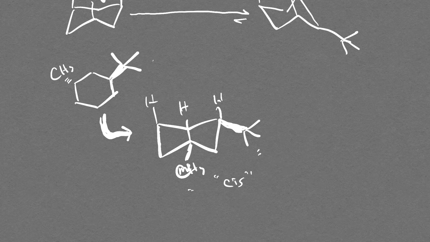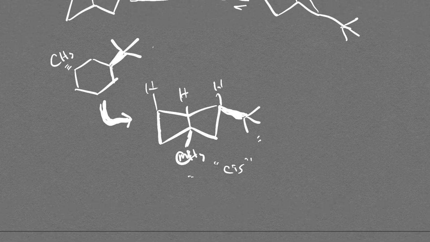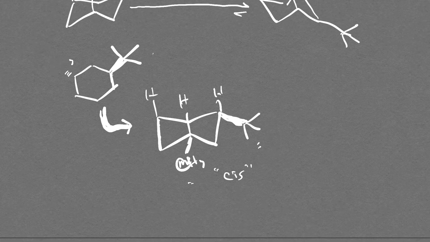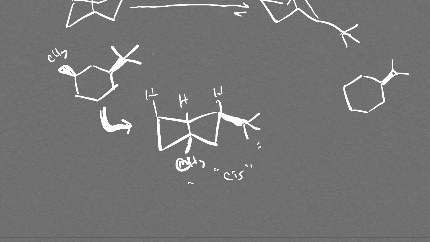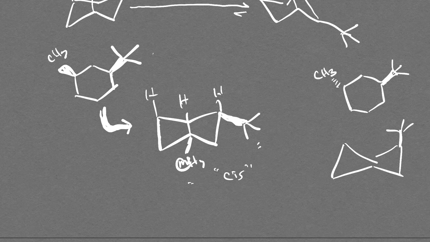Because now I actually have to make a choice, because if one is trans and one is cis, in fact, let me draw another one so that these notes don't get terribly confusing. If I draw a cyclohexane that is trans, now I have to make a choice, because now I can draw a configuration where the T-butyl is going to be axial, right?